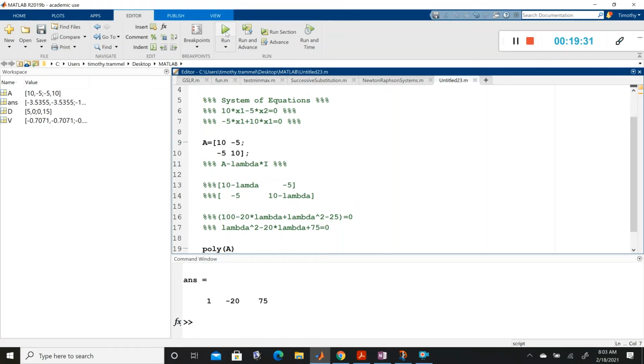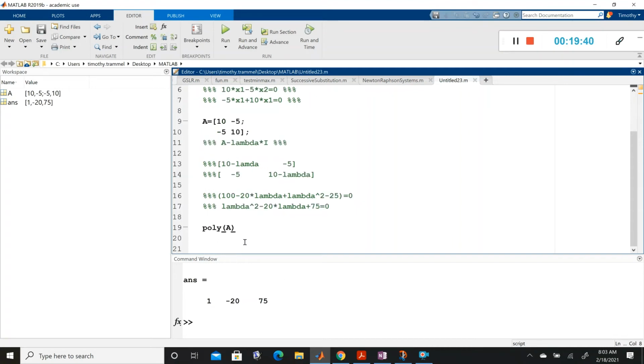Let me show you that this is the case. So you can see here we get 1, minus 20, 75. And now if we say we didn't want to factor that, or maybe the roots weren't as nice, we could use our roots function. So I could maybe call this polynomial P, and then from here we could use roots, and this should give us our eigenvalues, which were 5 and 15. See if that's what we get out here.